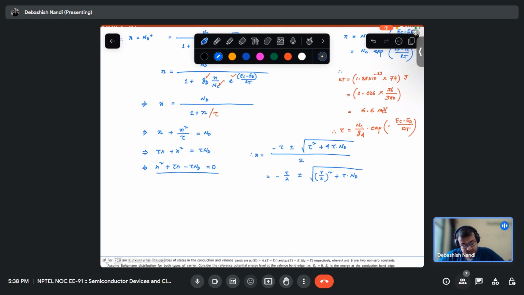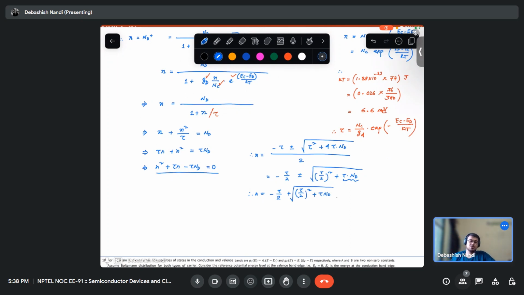Right? So obviously my N will have to take the positive solution, because carrier concentration cannot be negative. So this will be tau over 2 plus this plus tau Nd square root.